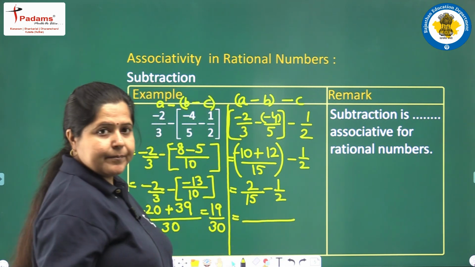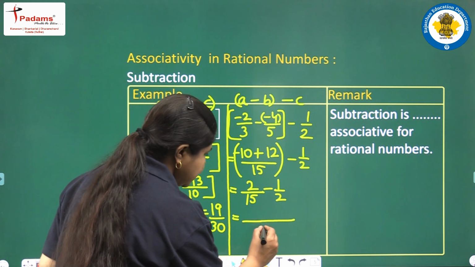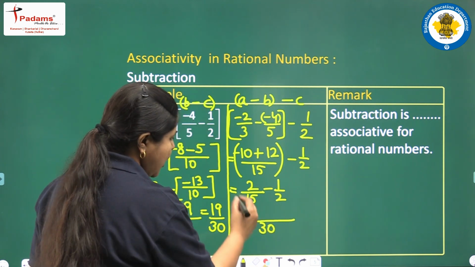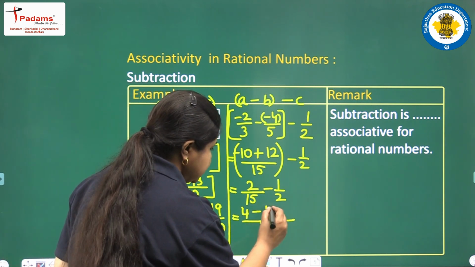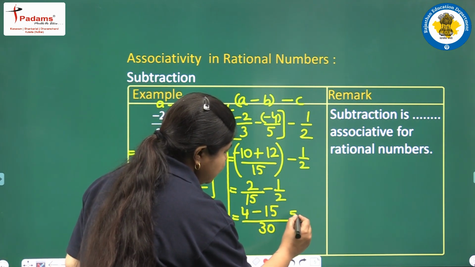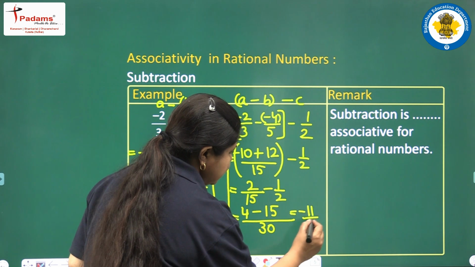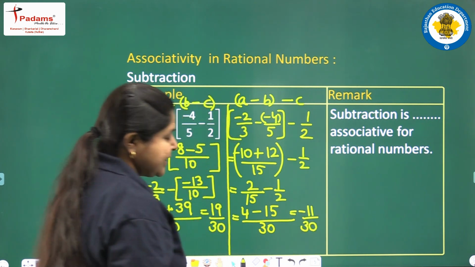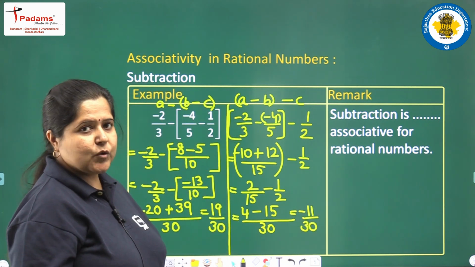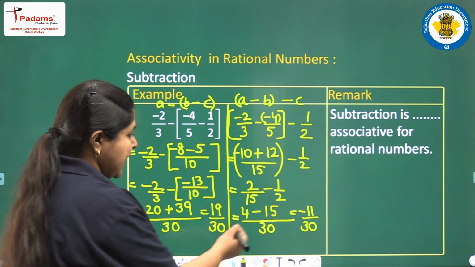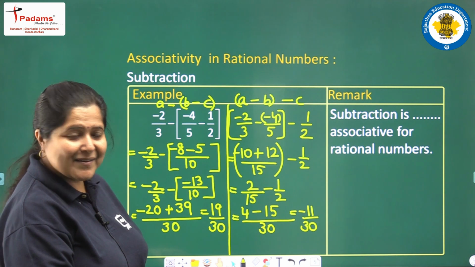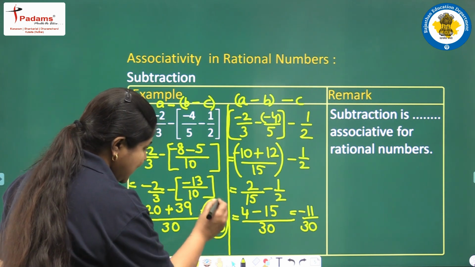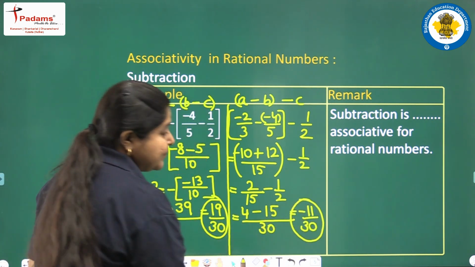Again take the LCM. 15 2s are 30 will be the LCM. Cross multiply: 2 2s are 4 minus 15 1s are 15. We get minus 11 upon 30. As 15 is the bigger number, the answer will be negative, and 15 minus 4 is 11. What do you find here? The answers are not coming the same.